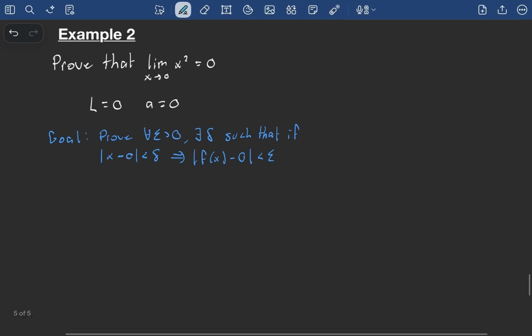So let's go and assume our givens. Given epsilon greater than 0, keeping it arbitrary, let delta equal something. We'll pick what it is once we do a little bit of work.